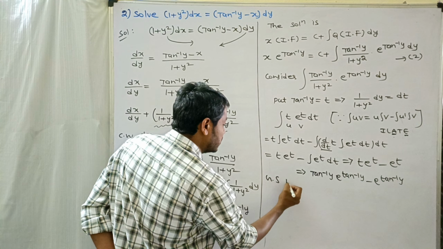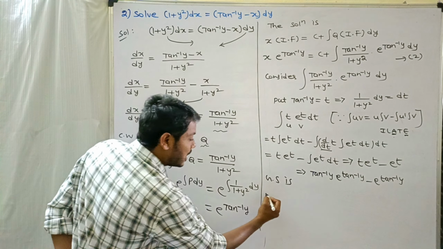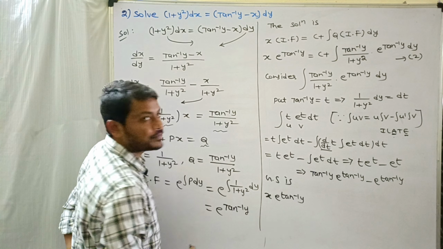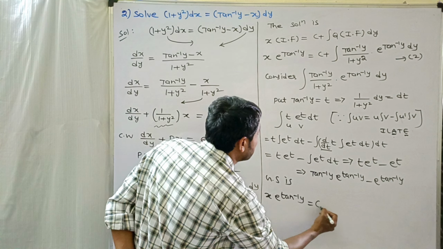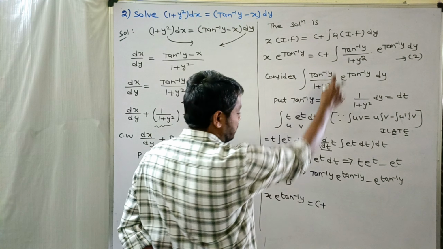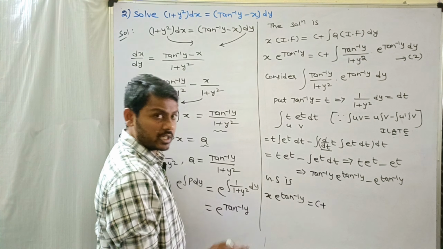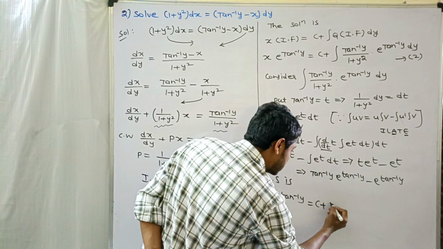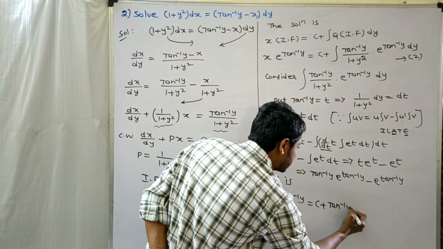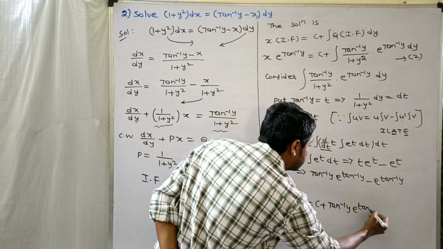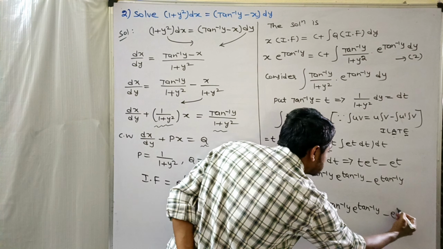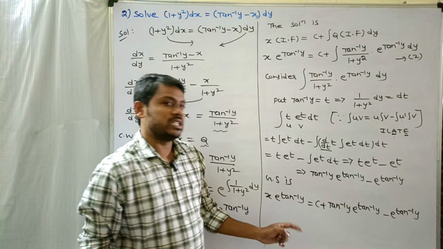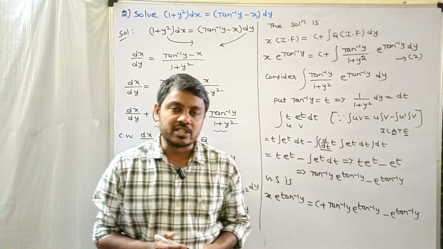Therefore, the general solution is x into e power tan inverse y equals c plus, what is this value? We can take e power tan inverse y common: tan inverse y e power tan inverse y minus e power tan inverse y. So this is the required solution of the given differential equation.